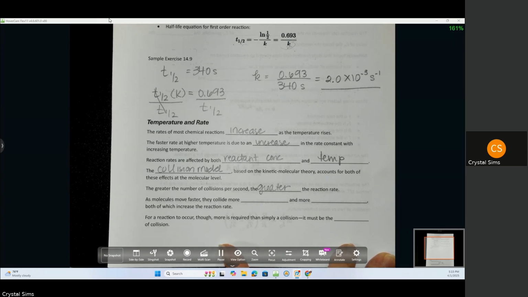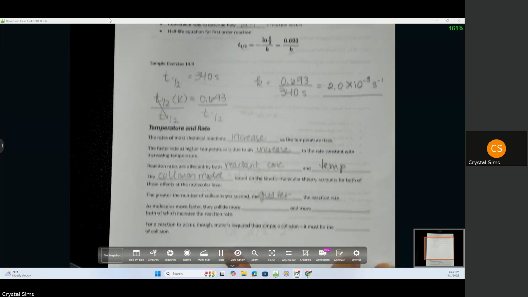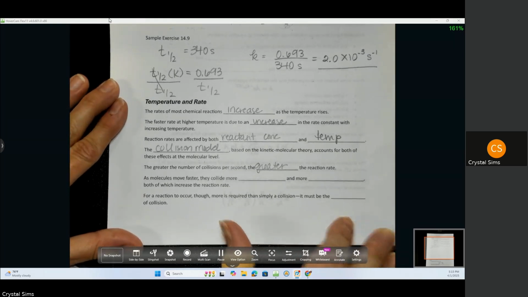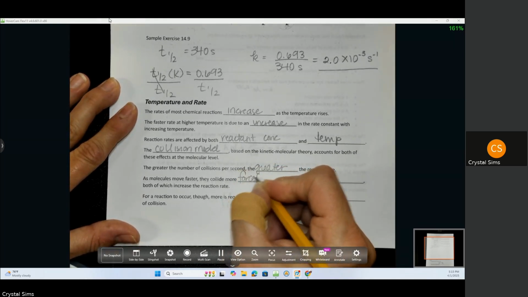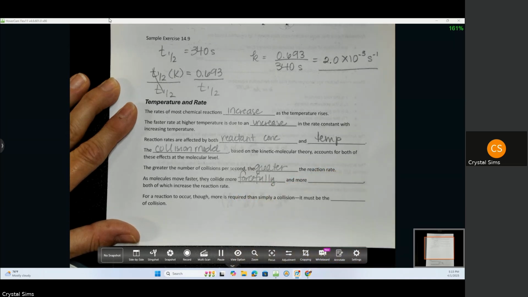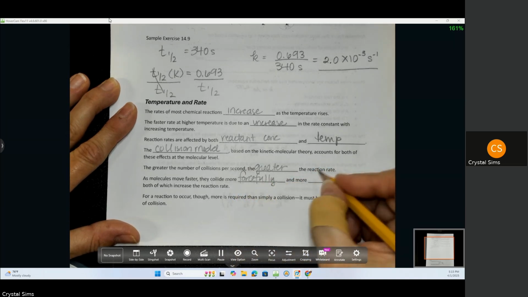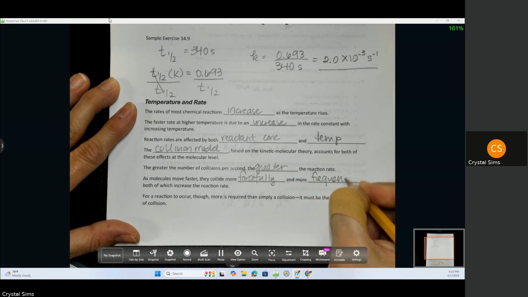Now, with an increase in temperature, we're increasing the kinetic energy. So when those molecules collide, they are going to collide more forcefully because they have more energy, and more frequently because the concentration is higher.